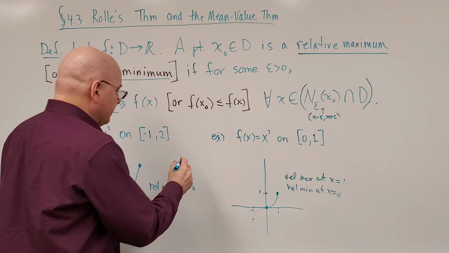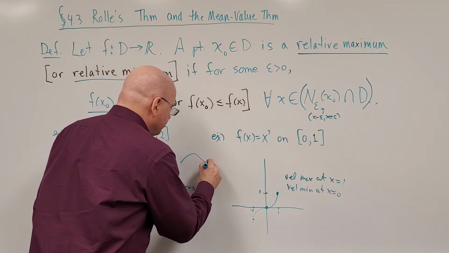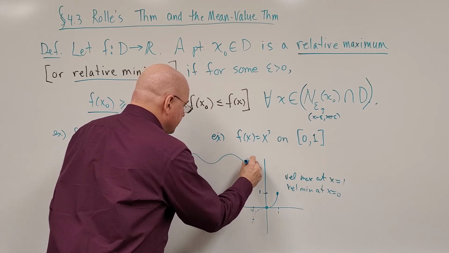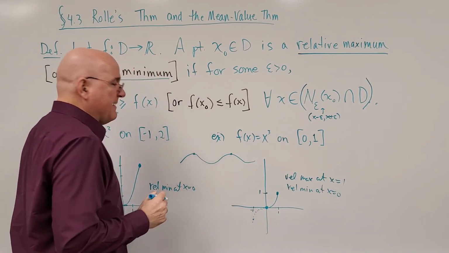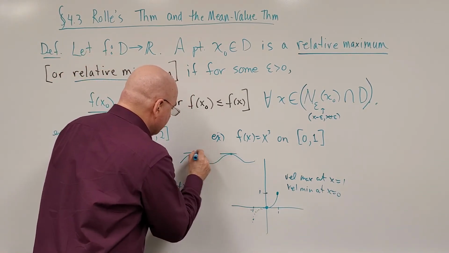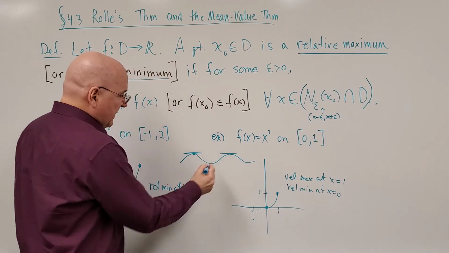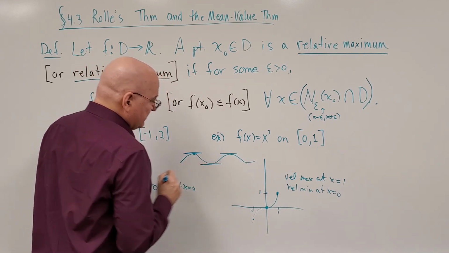We normally think, again, consider maybe the sine curve, where it has an infinite number of relative maxima, and at each one of them, you would have a horizontal line touching the graph there, and relative minimum at all these valley points as well, and the horizontal line there as well.